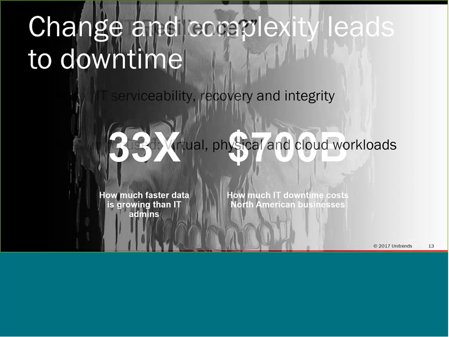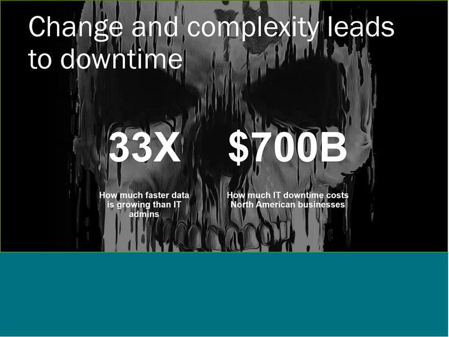Now, when we think about why we're talking about this and why it's important to have this new category of, I'll call it, disaster recovery or data protection, this extension. So obviously there's tons and tons of change going on in the environment, right? We throw a couple stats out here with 33x. That's how much faster the infrastructure is outpacing the IT admins that manage it.